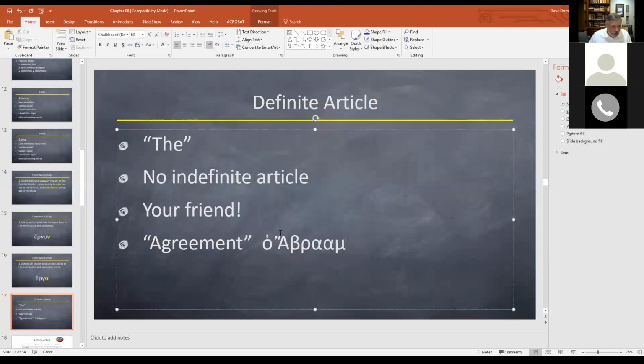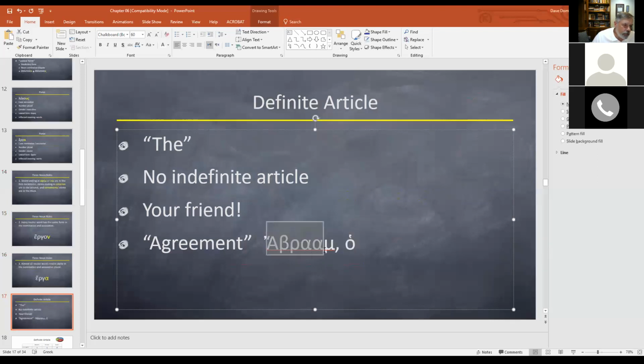And actually, the lexical form, this is what I got asked about. Abraham, ho. Well, it's there because it's telling me that this is the nominative case, masculine, and singular.